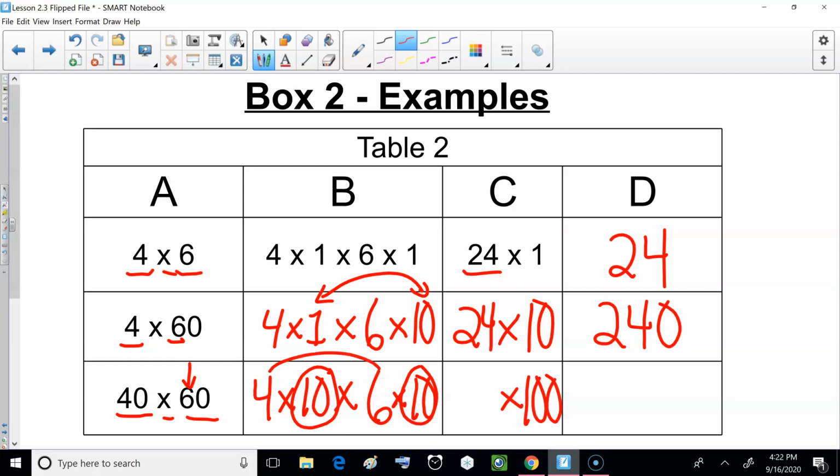Our 4 and 6 we're still multiplying together is still 24. So 40 times 60 is just like saying I have 24 groups of 100. So when I put those together and I multiply, I get 2,400. So you can pause the video and add the rest of this information to your notes to help you with understanding the patterns and the reasoning of place values.